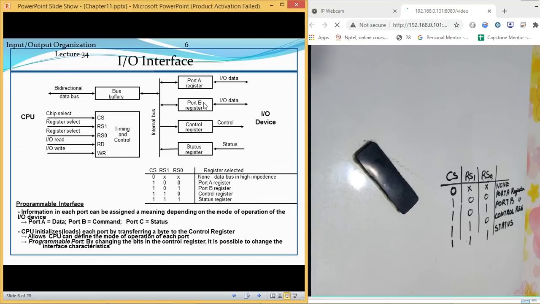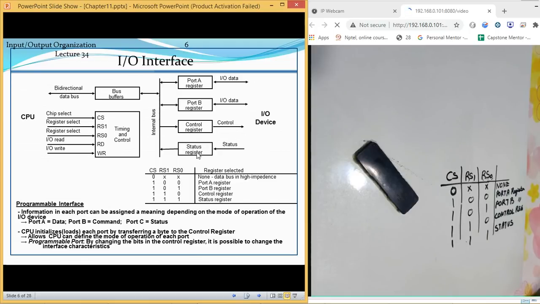Port A and port B are bidirectional input output data registers. Out of them, one can be used to send the data, the second can be used to accept the data. So that is why they are bidirectional. It can send the data as well as receive the data. When we talk about the control register, it is something which is going to get a value from the CPU, and the CPU is the one who is going to give the instructions in the control register.